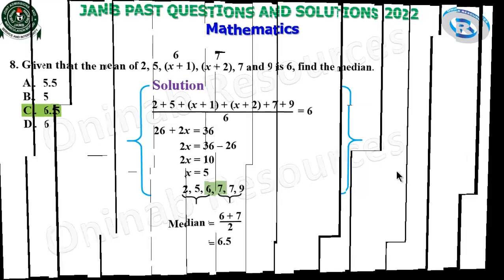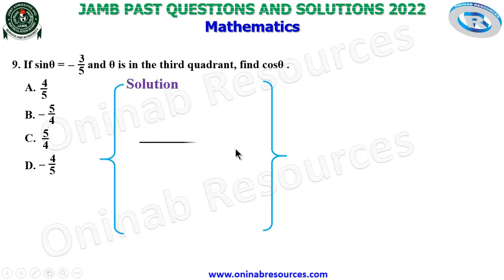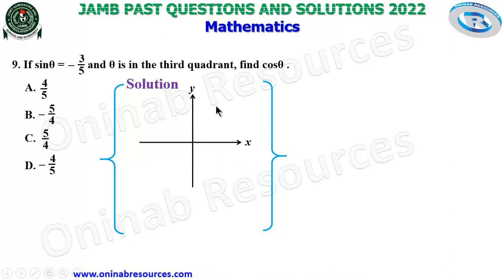We then go to problem 9. For problem 9, if sine theta is equal to negative 3 over 5 and theta is in the third quadrant, find cos theta. So to find the solution to this problem, we need to bring in the 4 quadrants. This is the first quadrant, the second, and the third quadrant. So the theta is here.